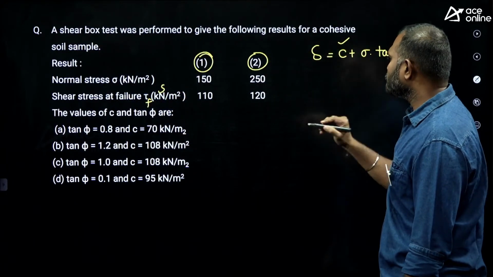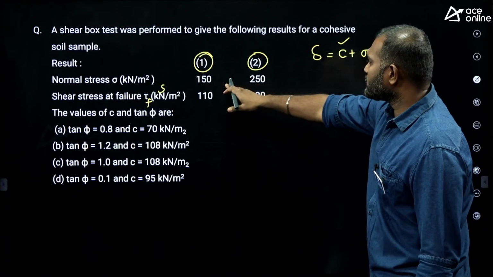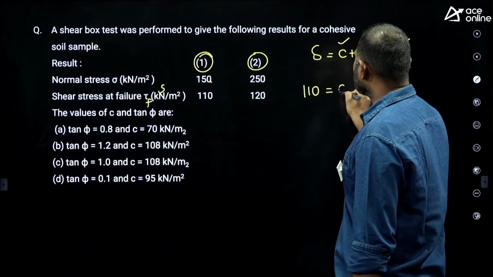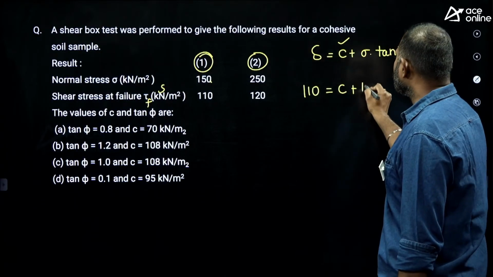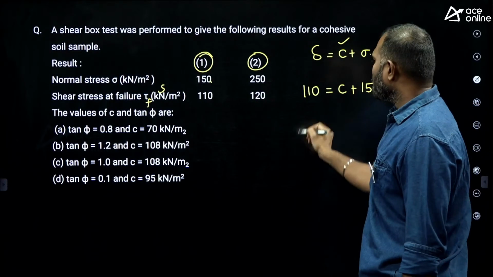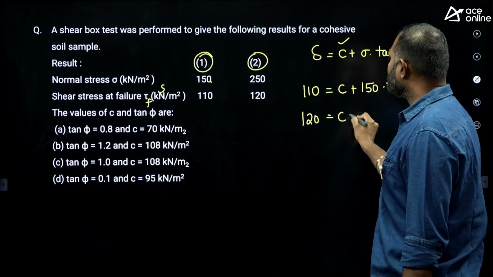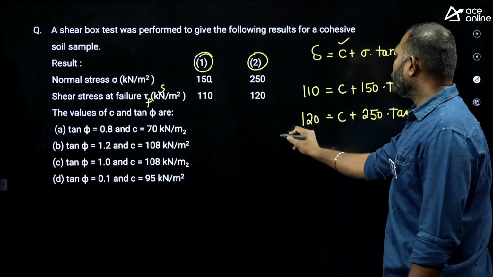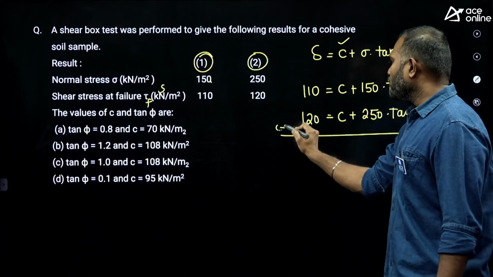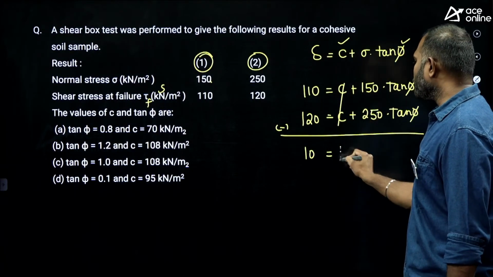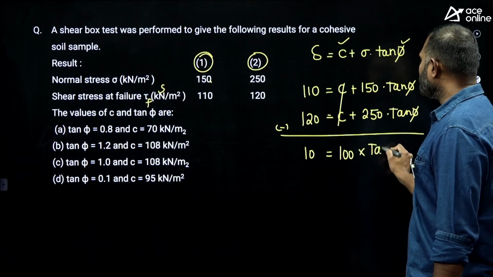So for the first specimen, normal stress is 150, shear stress at failure is 110. 110 is equal to C plus 150 into tan phi. For the second specimen, 120 is equal to C plus 250 into tan phi. If you do 2 minus 1, 120 minus 110 is 10, C will get cancelled, and 250 minus 150 is 100 into tan phi.